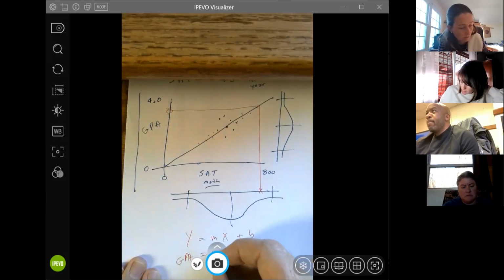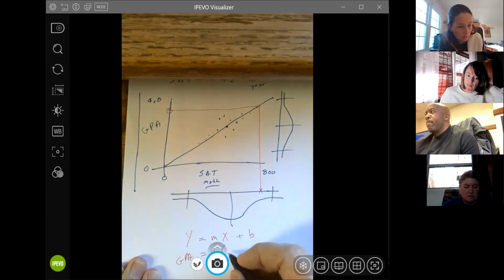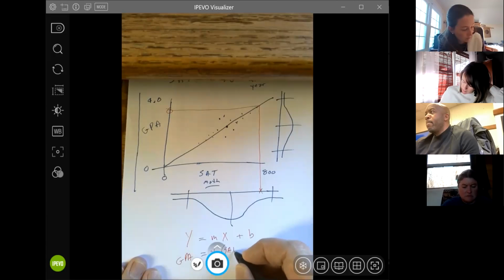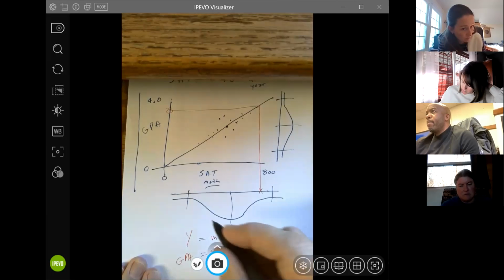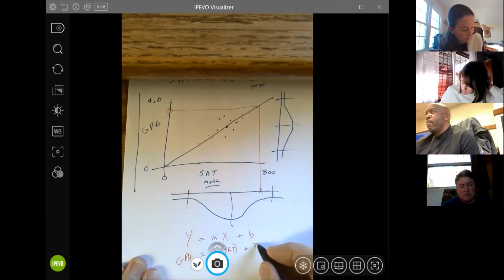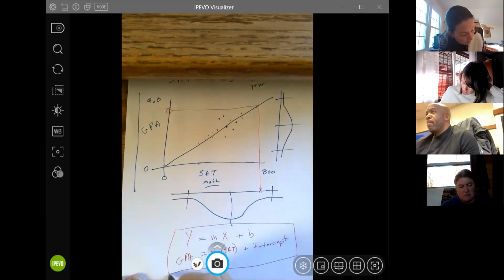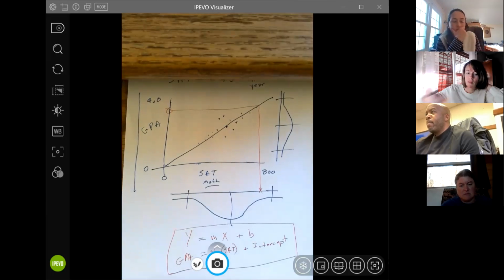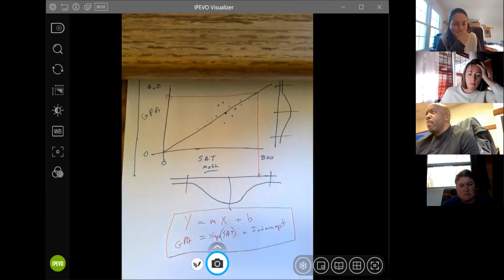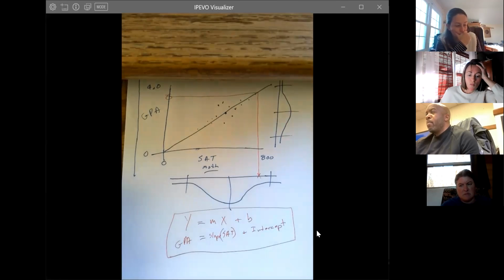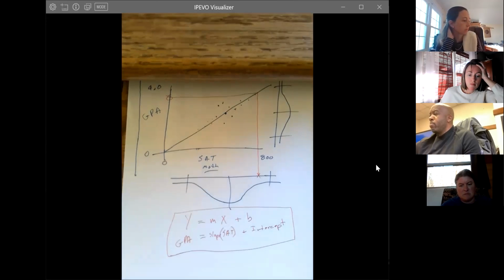And so this is slope times SAT plus the intercept point. And so that's why this is such a powerful thing, and why we standardize, because now we can predict one from the other.